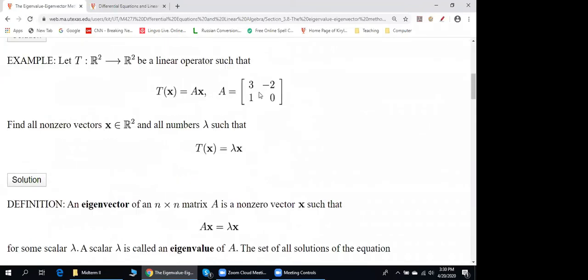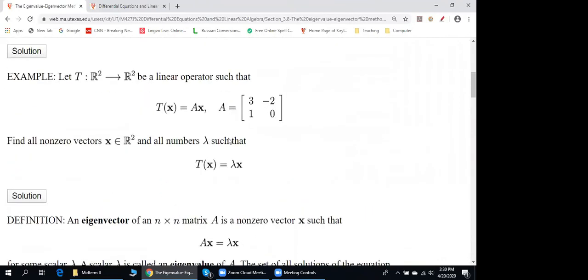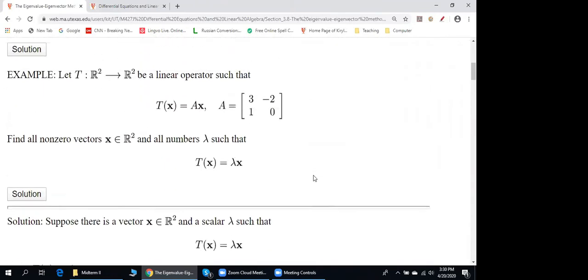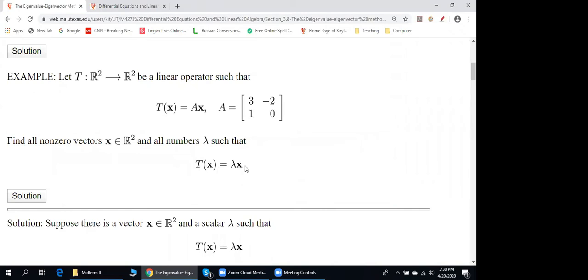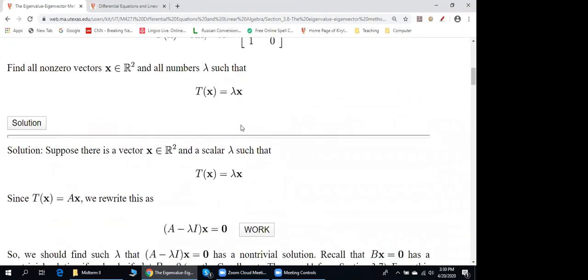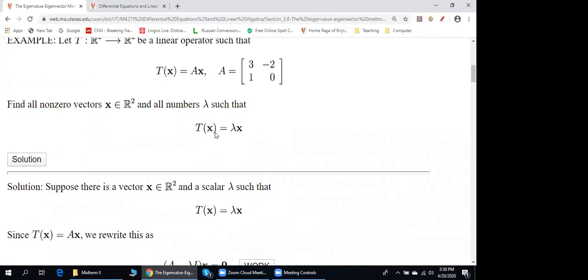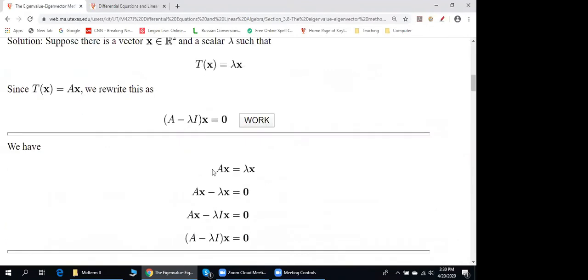Yes. It's because of this. Note that in order to find all non-trivial solutions of this equation, step 1, we replace T of x by Ax, and then rewrite Ax equals lambda x as this. What we see in front of us here is a homogeneous system of linear equations.